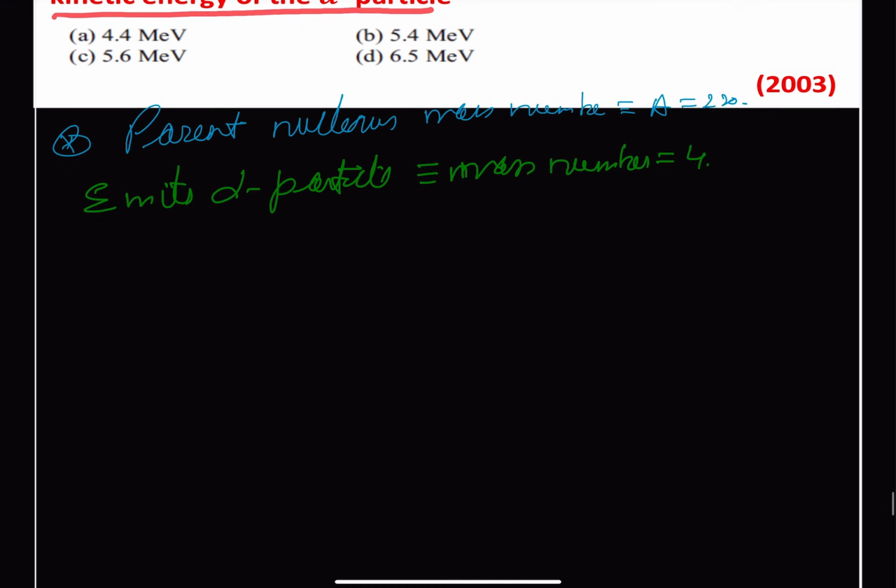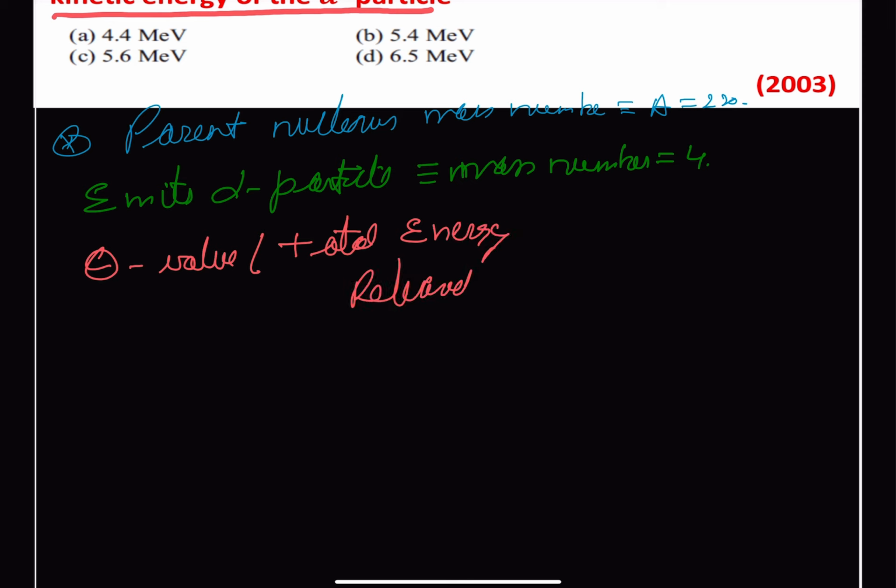We are given the Q value during this entire emission process. Q value is basically the total energy released, and that is given as 5.5 mega electron volt.